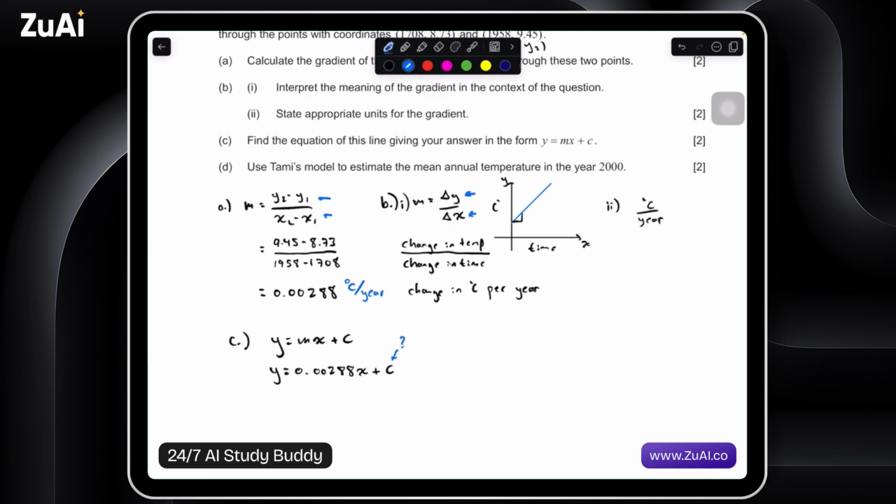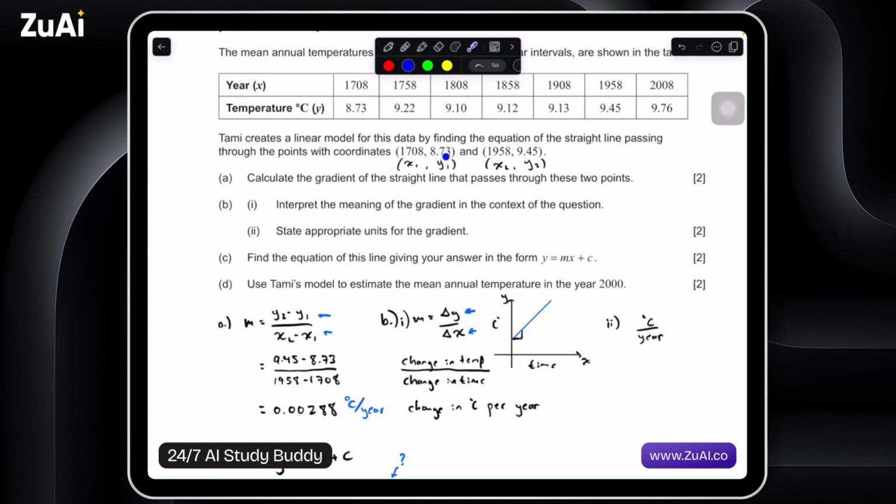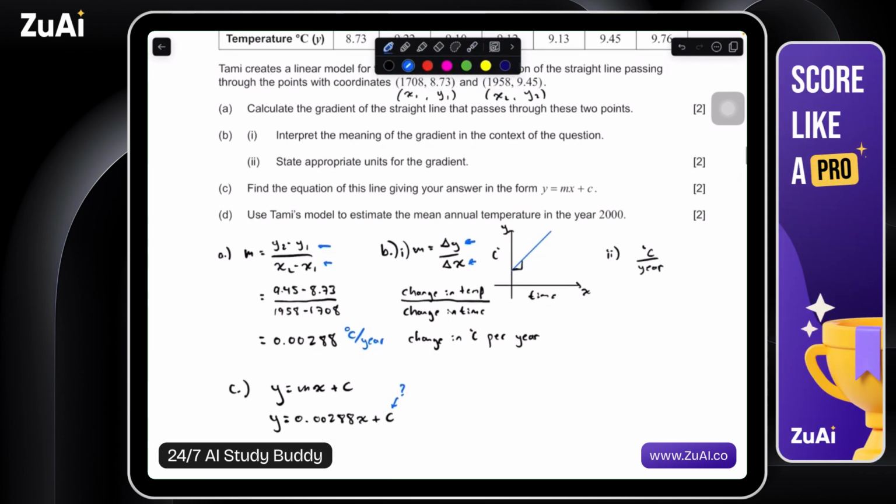We don't know our y-intercept in this case for an equation of a line, but we do have two sets of points. We have one point on the line, that is to say one xy value, and we have another xy value. So we can substitute either in and then solve for this unknown right here. So let's go ahead and do that. Let's take just the first value, this one right here.